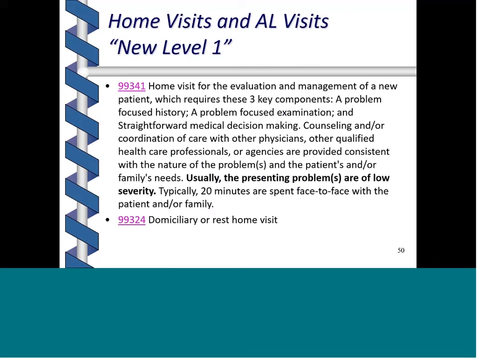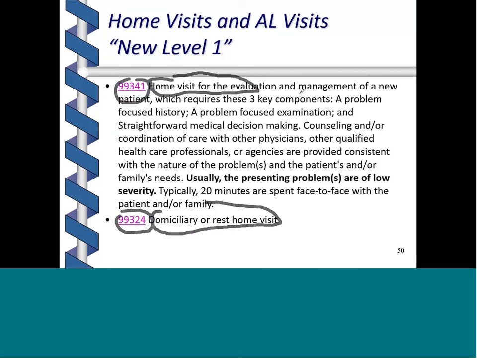Just so you know, for the domiciliary and the home visits, the assisted living, the write-up for them is exactly the same, except for the CPT code and the introduction of that code. So home visit, this is the code for assisted living. The entire rest of the description is exactly the same.